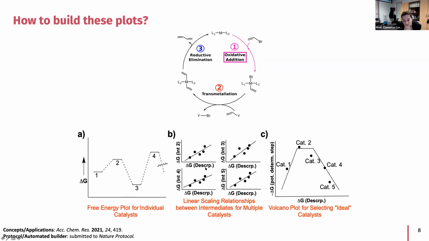If you have a linear scaling, then you can move to the next step and build those plots. And to build those plots, you choose one of the delta G as your descriptor, and you just express each of the reaction energies as a function of this descriptor using linear expressions. And at the end, you get this kind of plot that you see here.